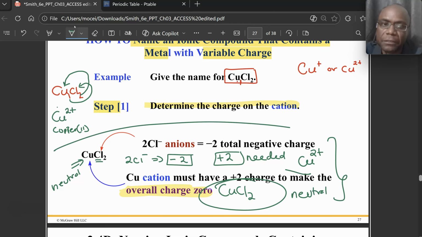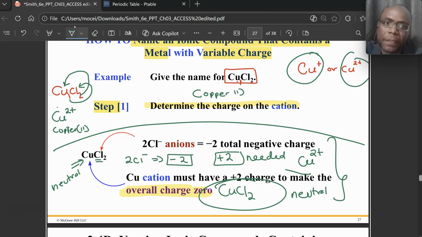So those are 2 ways you can find which type of copper you're working with, copper 1 or copper 2. And so the name of these would be copper, parenthesis 2, and then chlorine is changed to chloride.